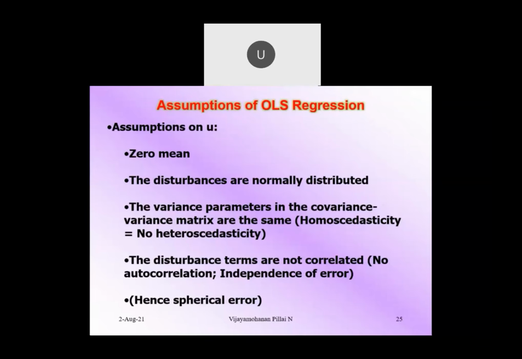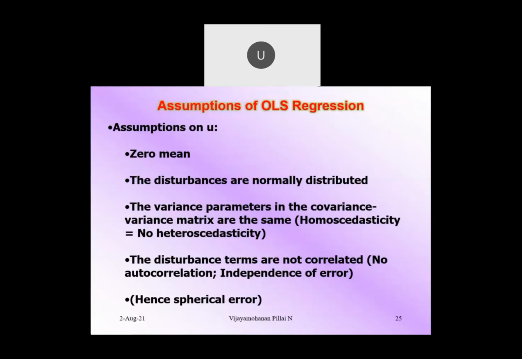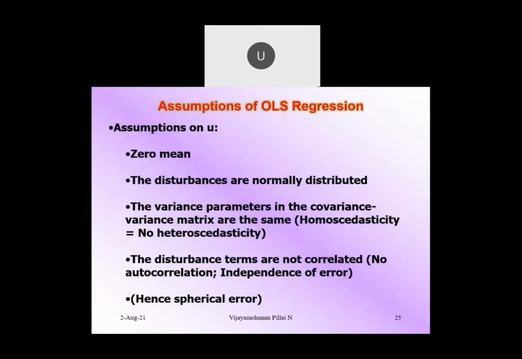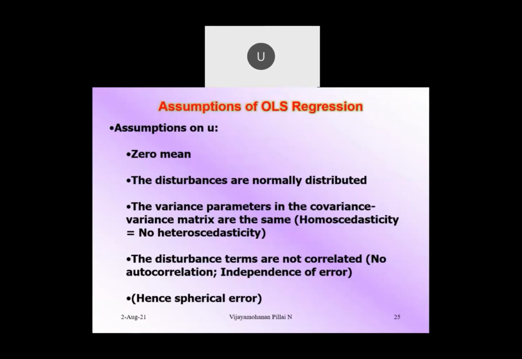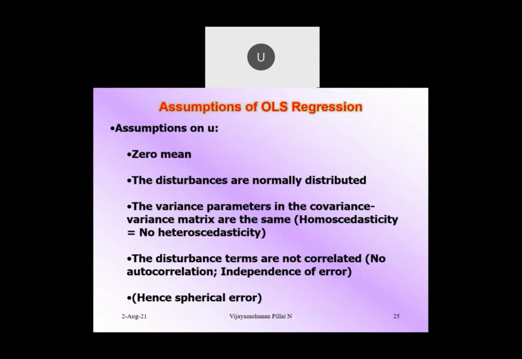If it is normally distributed, then we have a normally distributed spherical error or Gaussian spherical error, because the normal distribution also is called a Gaussian distribution. So if this normality assumption also is satisfied, then we have a Gaussian spherical error. Otherwise, with zero mean, homoscedasticity and no autocorrelation, we have a spherical error.